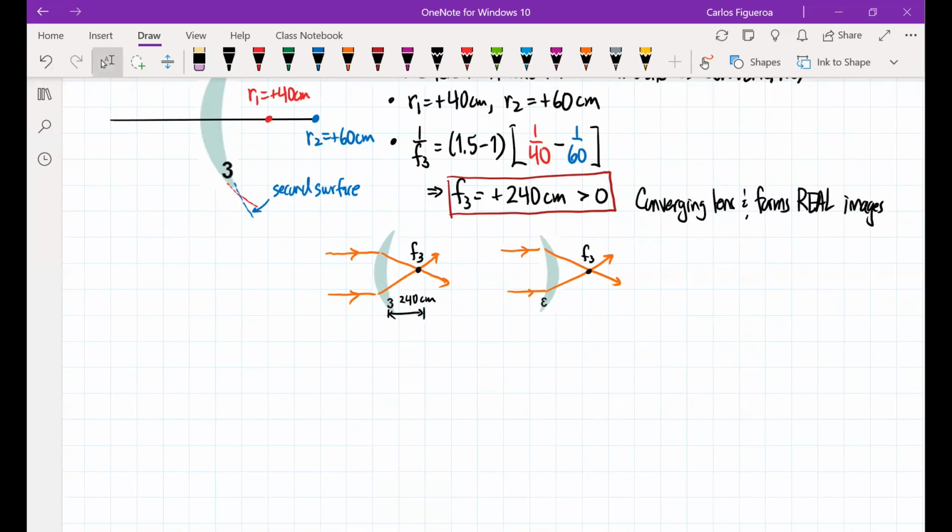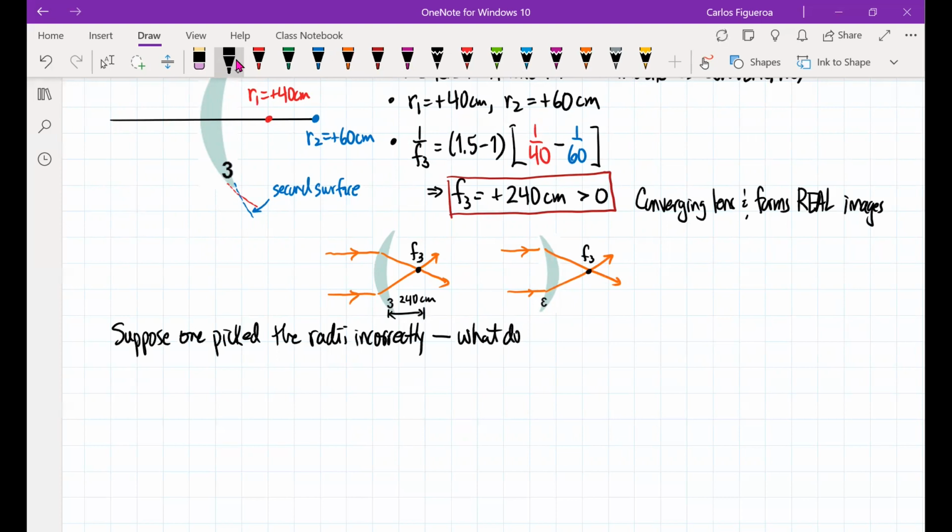Now, let's say suppose one picked the radii incorrectly. What do you get mathematically?